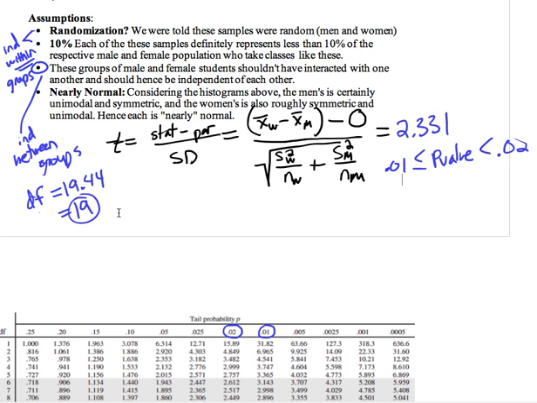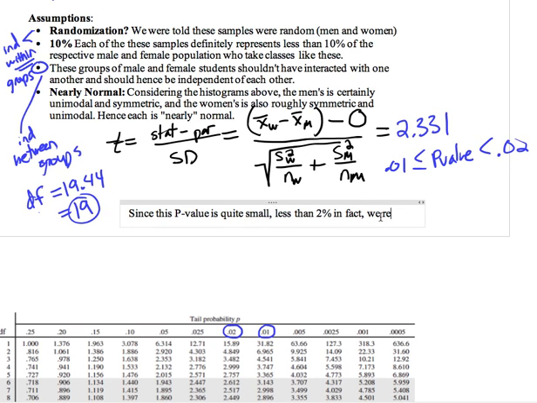Okay, so let's write our conclusion first, because we pretty much already know what we're going to do. Since this p-value, or probability of seeing what we saw or something even more extreme if the null hypothesis was true, is quite small, in fact less than 2%, we reject H sub 0.